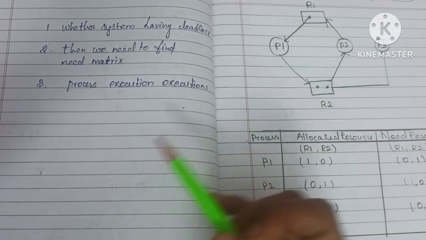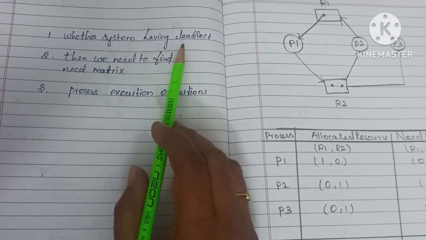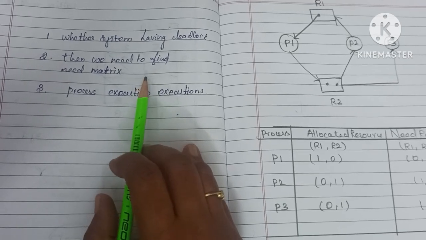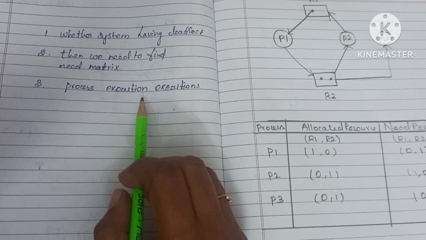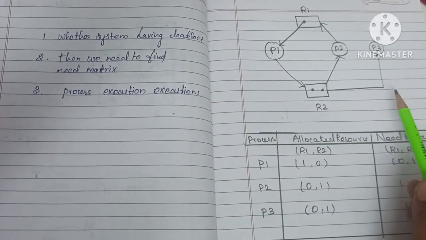So in this problem we have to find whether our system has a deadlock or not, and also we need to find the need matrix, and the process execution sequence. These are all the things we have to find from the situation.